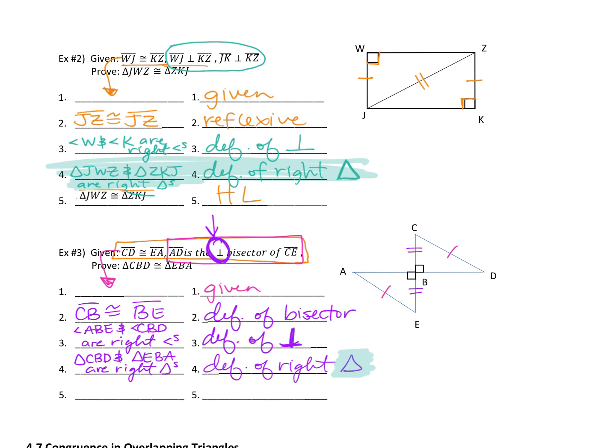It's not the definition of a right angle, it's the definition of a right triangle. Then what? HL. The triangles are congruent. So look at what they asked you to prove. The triangles are congruent by HL. You have a hypotenuse with a hypotenuse. You have a leg with a leg. And you have right triangles. HL.